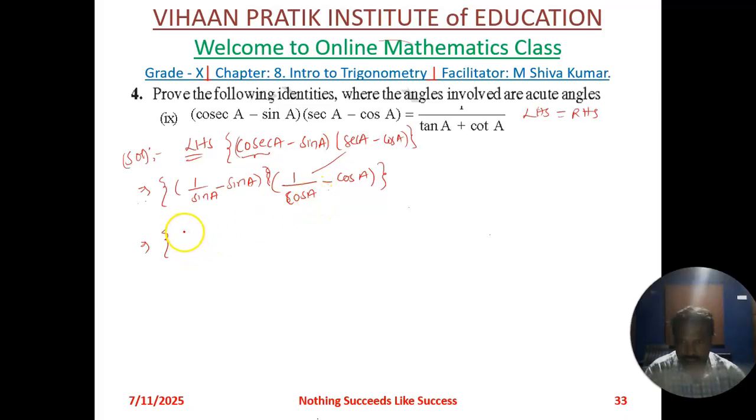So we'll get sin A. Sin A in sin A goes one time, so 1 into numerator is 1 minus, here we do not have, so we write it as 1.